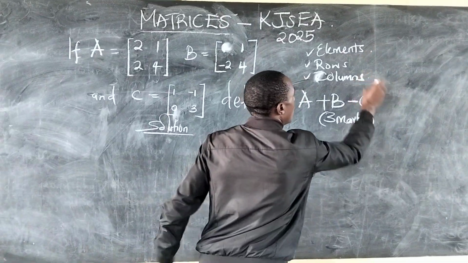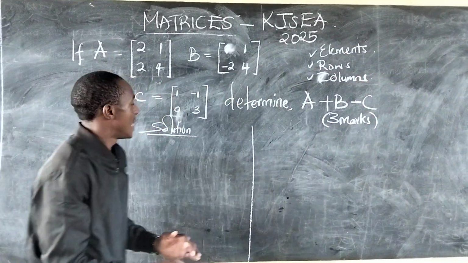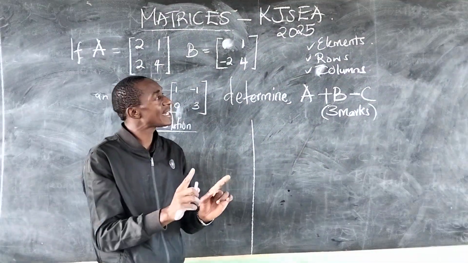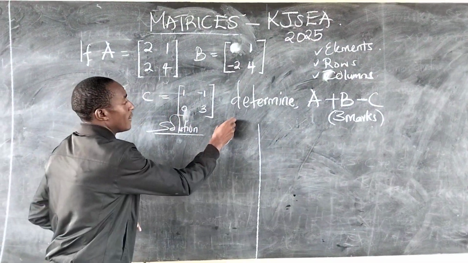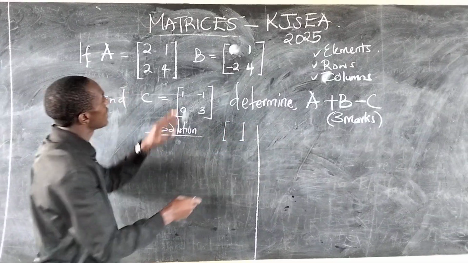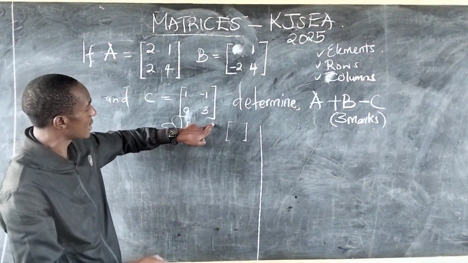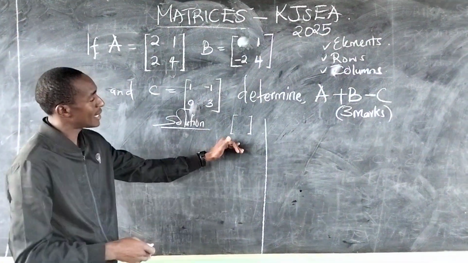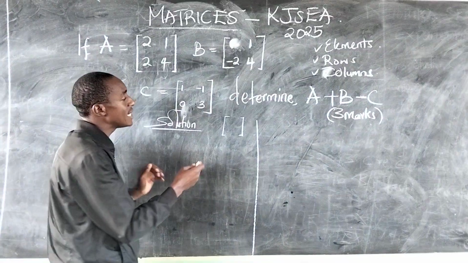So for example, just before we do the question, if this is my matrix, and by the way in matrices we can use square brackets, or even round brackets. Let me use the square bracket here and have a few elements inside it.